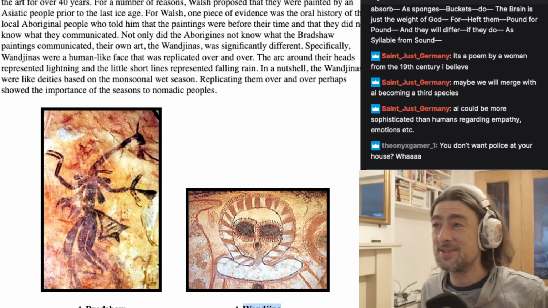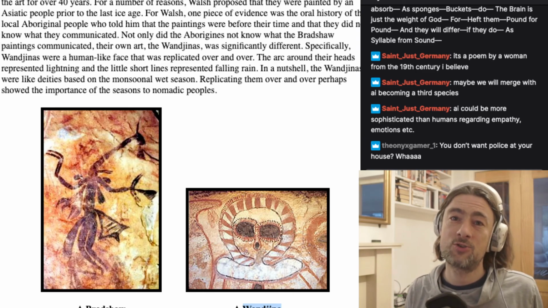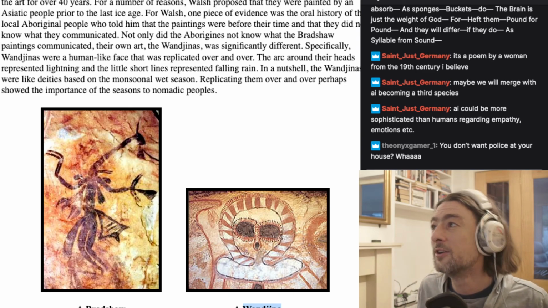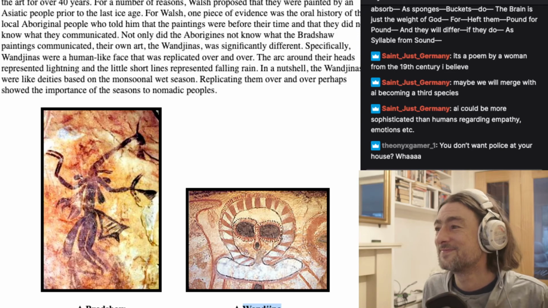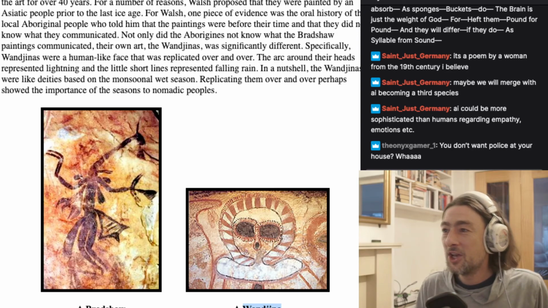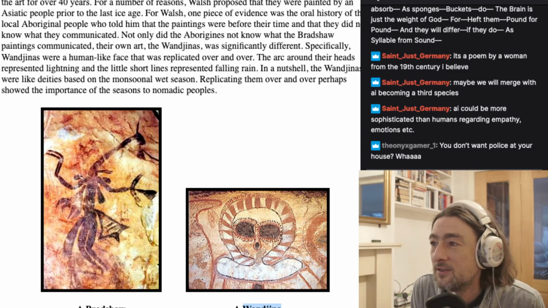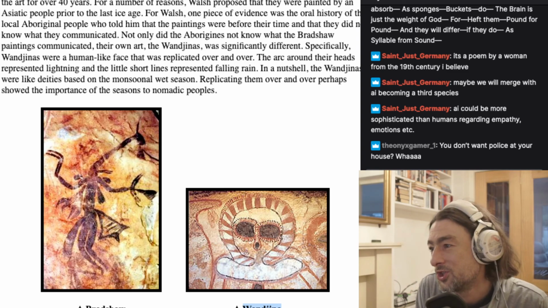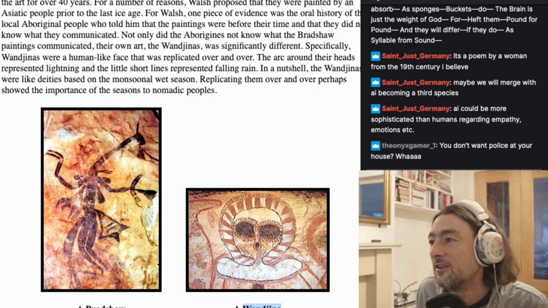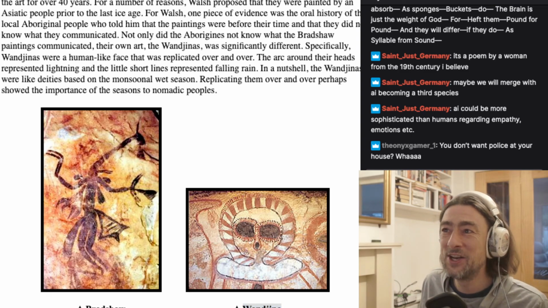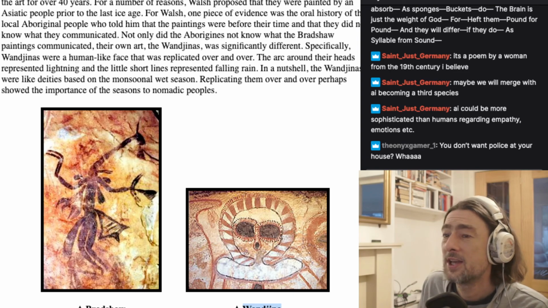Bradshaw sounds nicer, doesn't it? You'd much rather have your work in the Bradshaw exhibition than the Wandjina exhibition, wouldn't you? But yeah, the Bradshaws are those figures that are dancing and all that, and the Wandjinas are the ones that look like mad acid trip aliens. I said it then. They're not aliens. They're not. And that's what we've learned today.